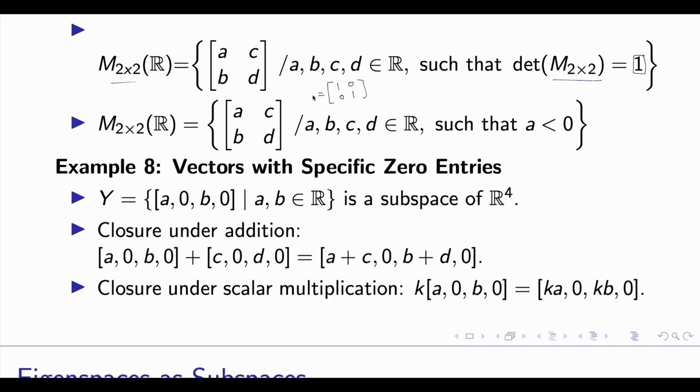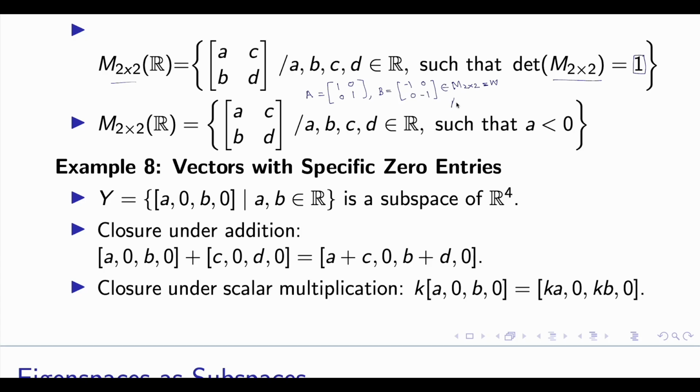So this is my A matrix, and B matrix you can take [-1 0; 0 -1]. These two belong to M2x2, which is my W actually, right? Because the determinant is, you see, -1 into -1 becomes 1 and 1 into 1 becomes 1. So clearly the determinant of A and determinant of B are 1.